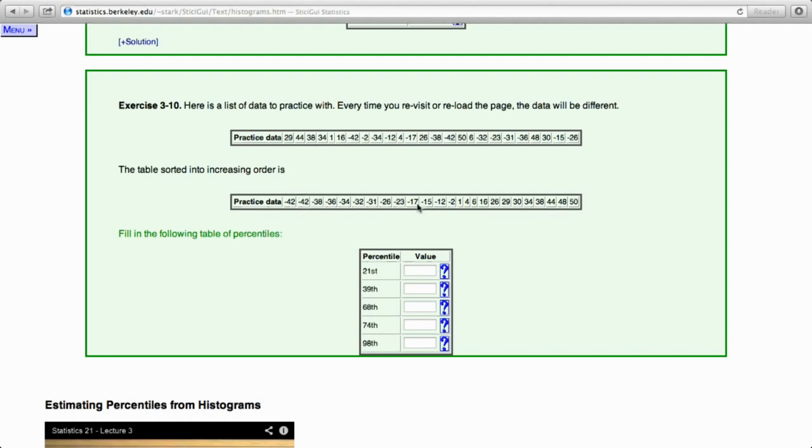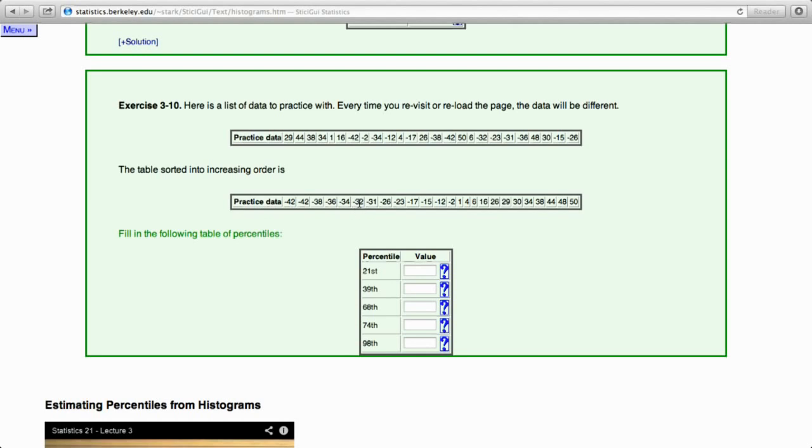There are 25 entries in this list. I want the 21st percentile. So what do I have to do? I need to find 21% of 25 first. That's 0.21 times 25, which is 5.5. And honestly, I don't even care about the 0.5. I just know that it's 5 and a bit. So I go to my list and I find entry 1, 2, 3, 4, 5 from the bottom, 5 and a bit, which means it's in the middle here.